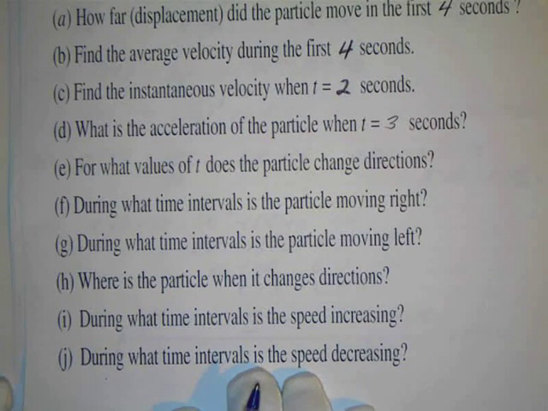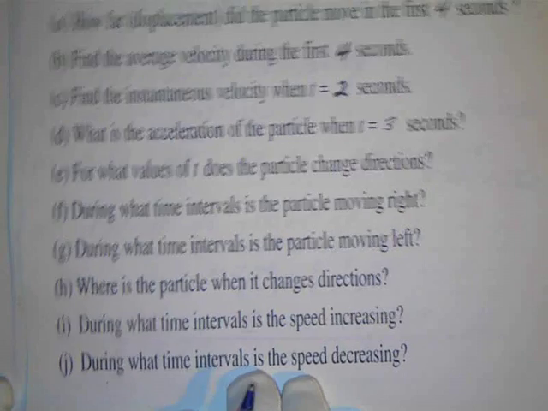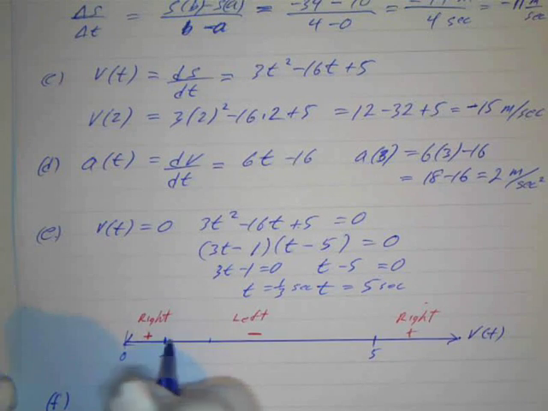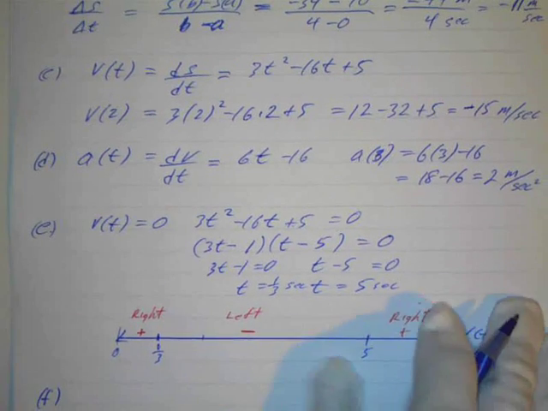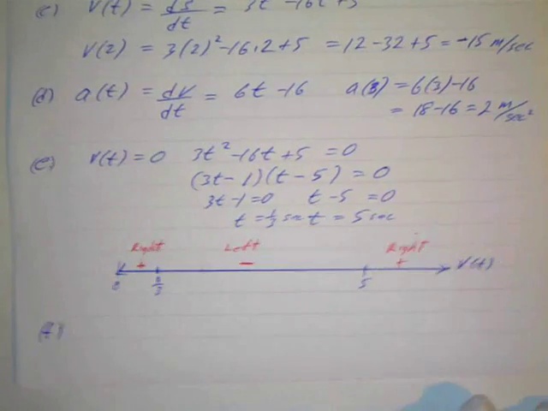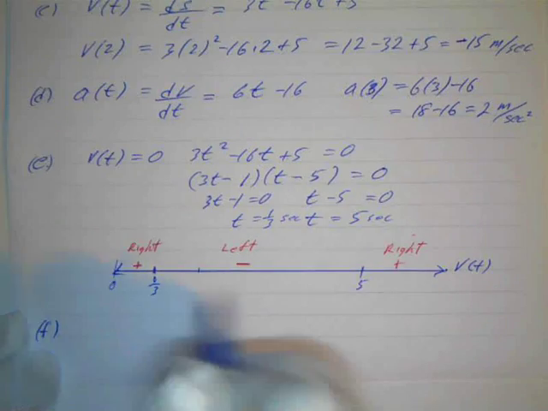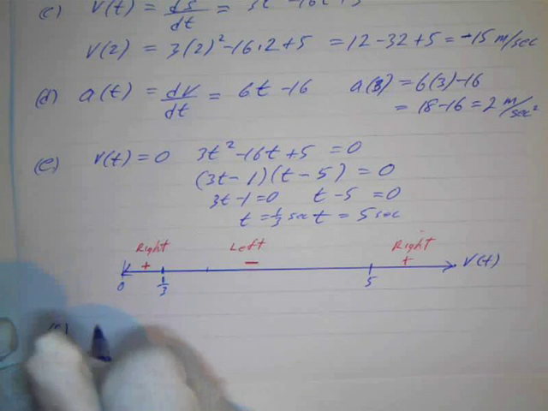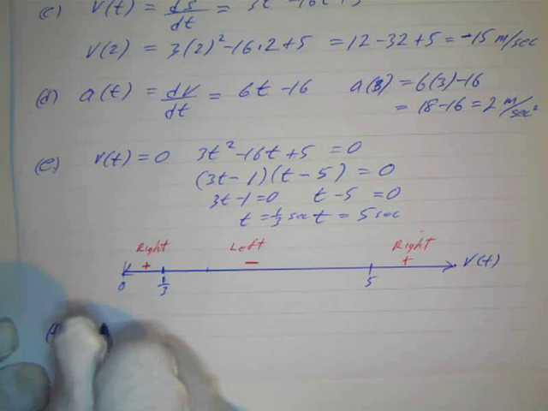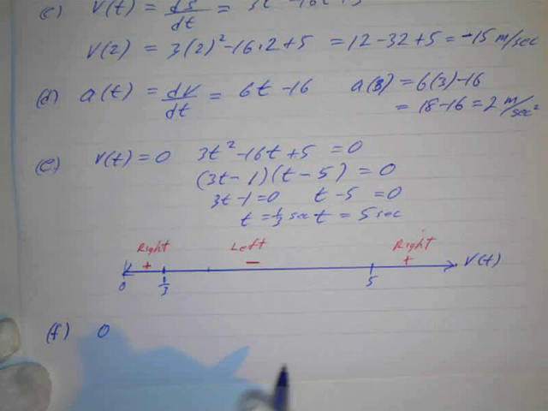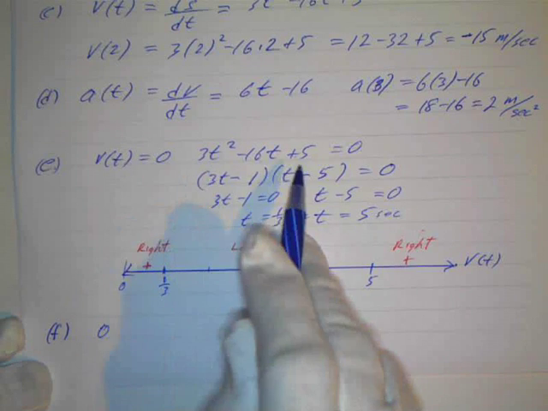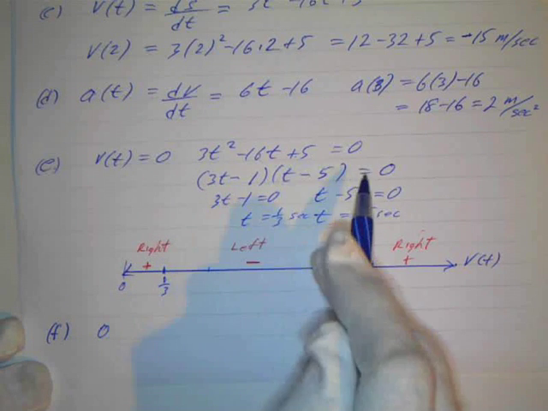Well, we've already got that, because we needed to do that just to check. So it's moving right whenever this is positive. So this is positive from 0, and it does say when the time is 0, the velocity is positive, but it's really not moving when time is 0.